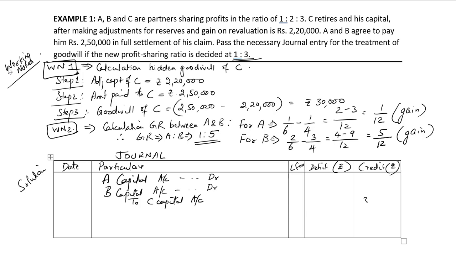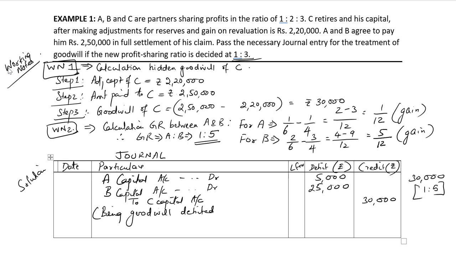C's goodwill, 30,000 rupees, to be divided in gaining ratio 1:5, 5,000 against capital partner A and 25,000 against partner B, being goodwill debited to gaining partners in gaining ratio.